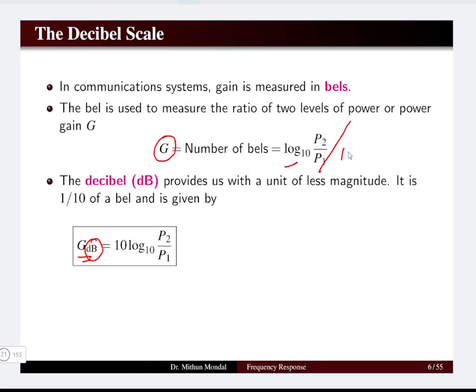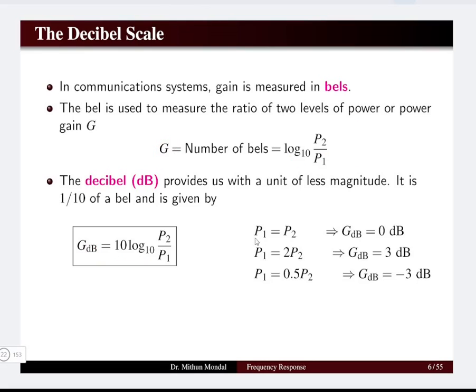So when we divide with 10, we get 10 log 10 P2 by P1. Or rather, we can say that for decibel, we multiply this with 10.